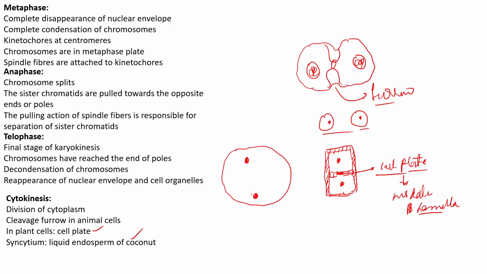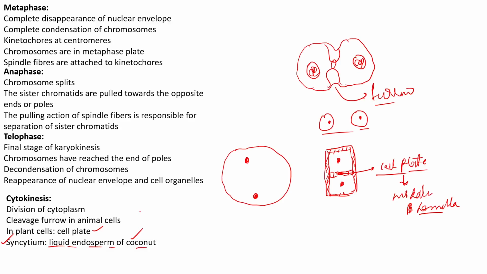So we can say that in a single cell there is more than one nucleus, or multiple nuclei present. Such a state is called syncytium. Syncytium is a condition where multiple nuclei are present in a single cell, and that is generally observed in the liquid endosperm of the coconut.